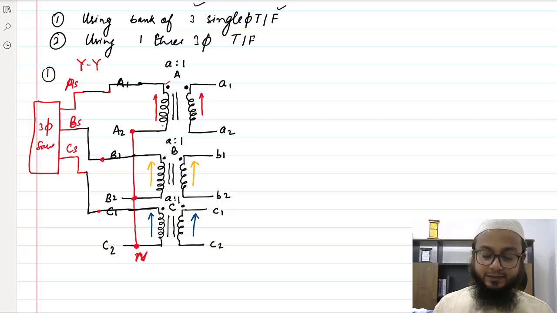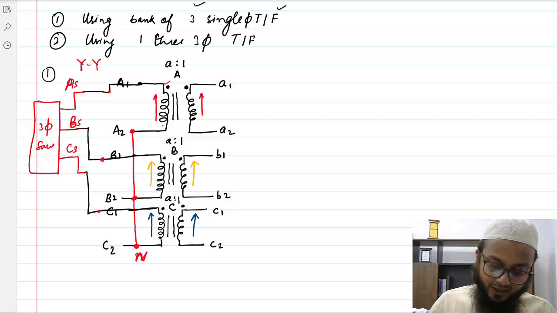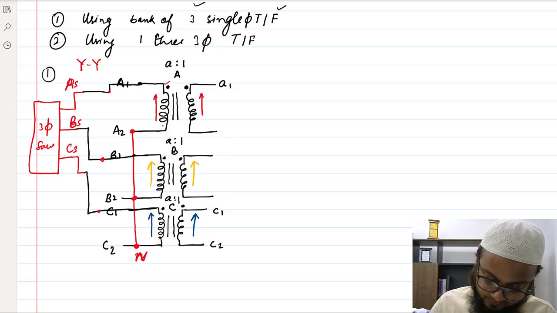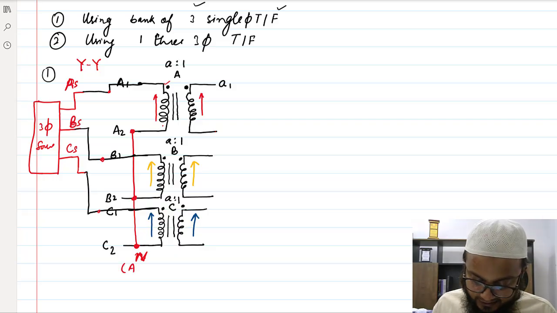What about the secondary of this transformer? If you want to make it a star, you can easily make it, obviously, if we know the dots properly, then we can easily short these points. So here we have shorted A2, B2 and C2, right? So this end point is A2, B2 and C2.